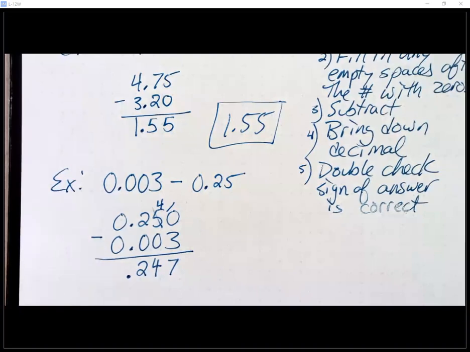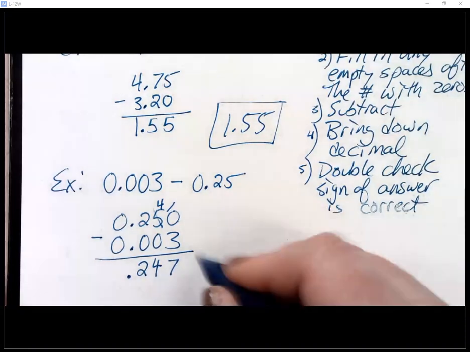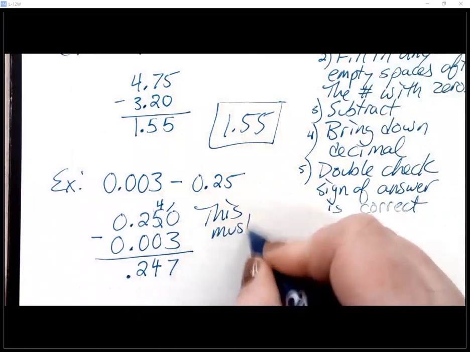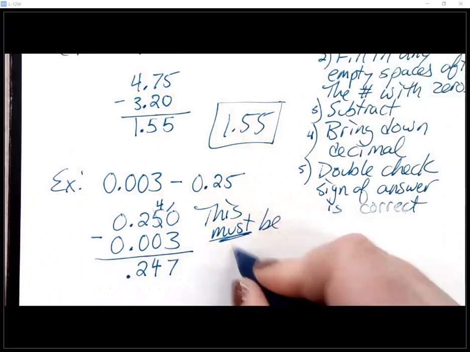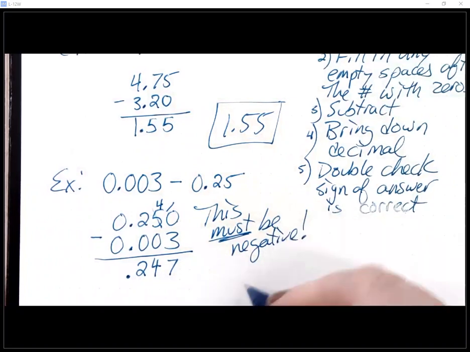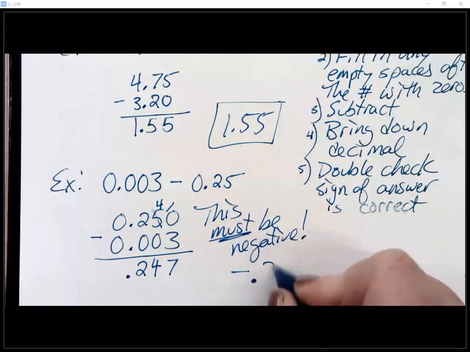It's always going to come out positive because I always have to put the bigger number minus the smaller number. So I have to think about it. That's why step 5 is so important. So negative 0.247 is my final answer.